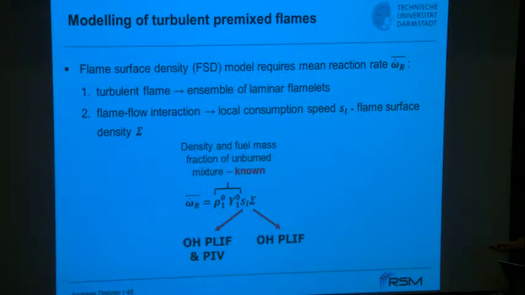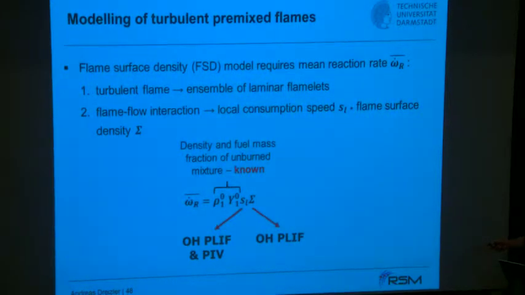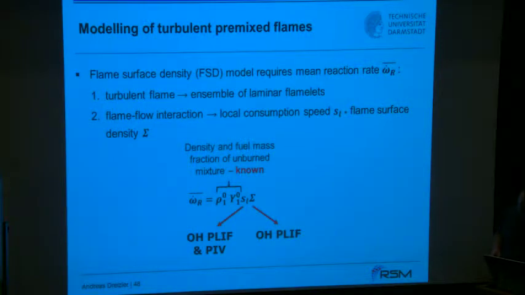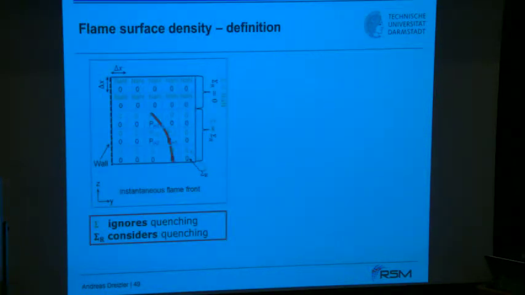Then we need this local consumption speed that is influenced by the wall, and we need the flame surface density. The flame surface density is the surface of the flame per unit volume. For this we use, as you will see, the qualitative OH PLIF and the quantitative PIV. So how do we do that?